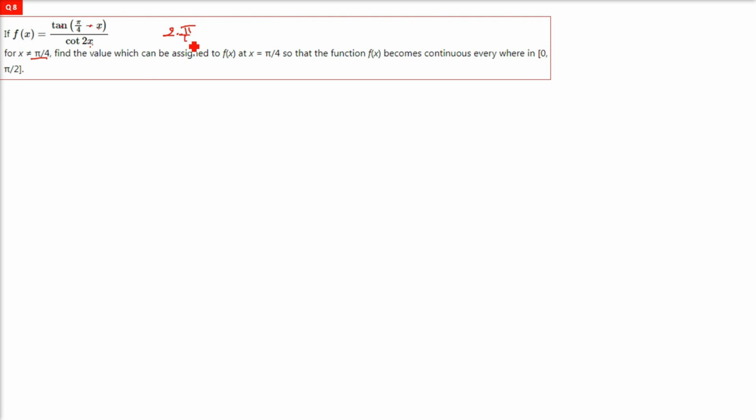And cot 2x at x equals pi/4 is cot pi/2, which is eventually 1 by tan pi/2, 1 by infinity, which is not a great value. We cannot comprehend that value. It is unprecedented. So we don't want any value to be 0 by 0, 0 by infinity, infinity by infinity, like that. That is how we do it.